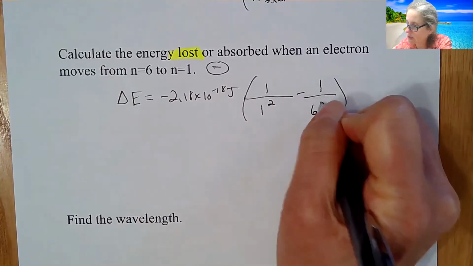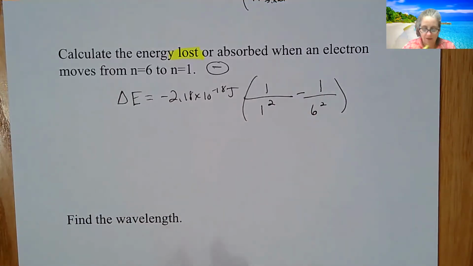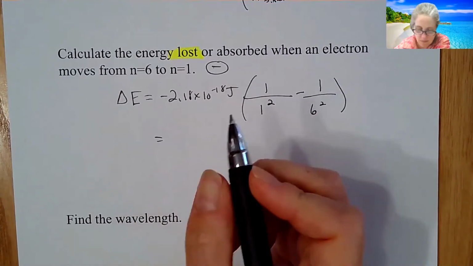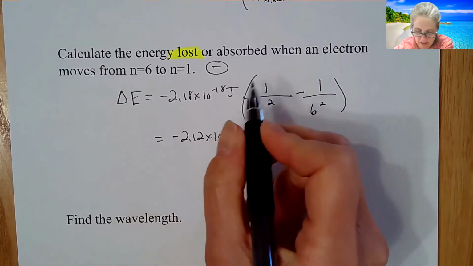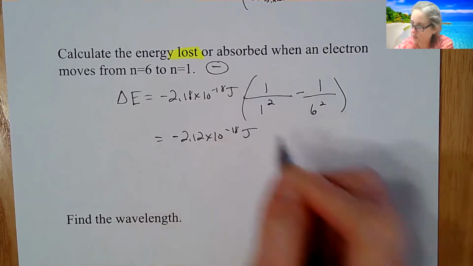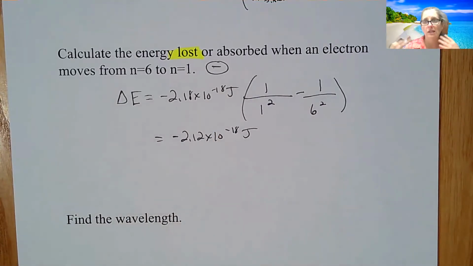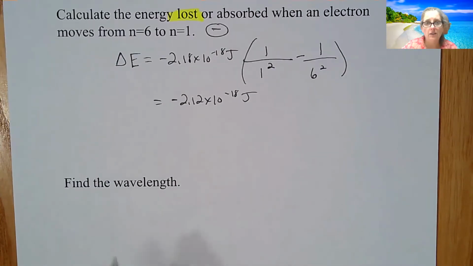So I'm going to put 6 squared and do the math. Okay, so that comes out to be negative 2.12 times 10 to the negative 18th joule. That's how much energy is given off when that electron in hydrogen goes from energy level 6 to energy level 1. Well, I could also find its wavelength.